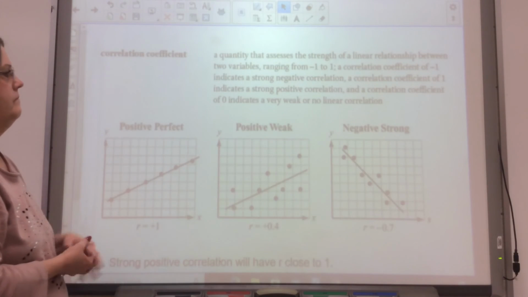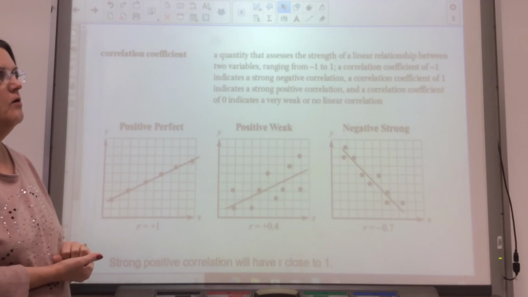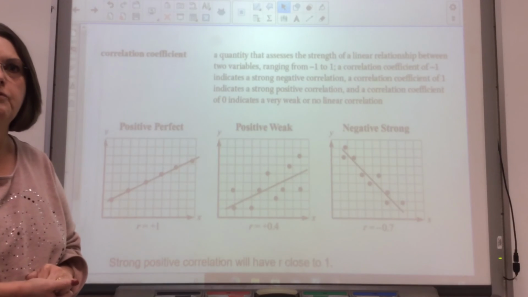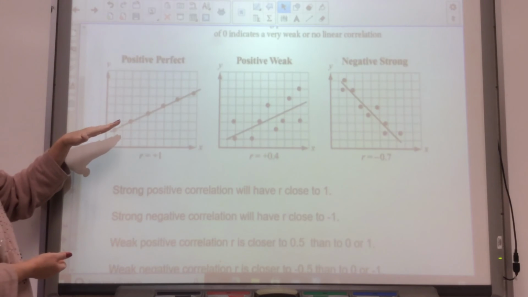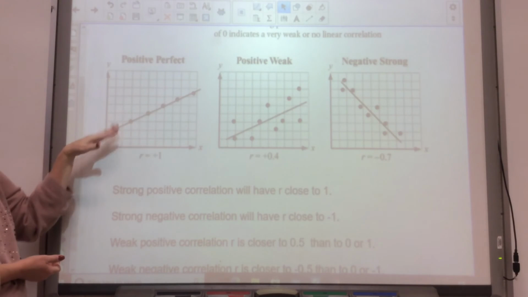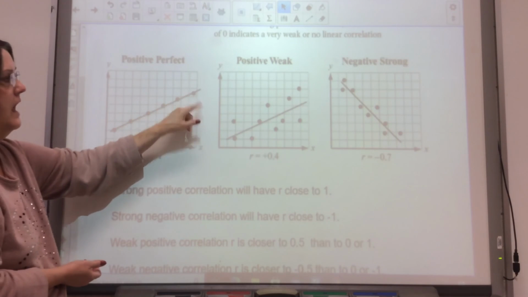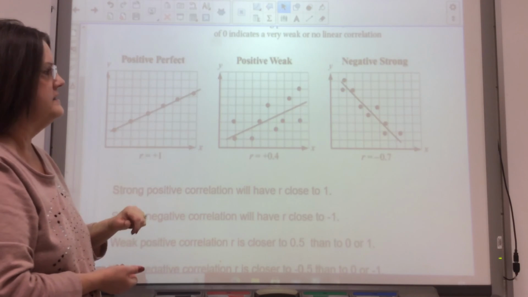All right, now, what a correlation coefficient does is tell you how strong the linear model that you've come up with is. How strong is it? And if you look, here's an example of graphs with a line going between them. This is very strong. Nearly every point is on the line. Some of them a little below or a little above, but it's still there.